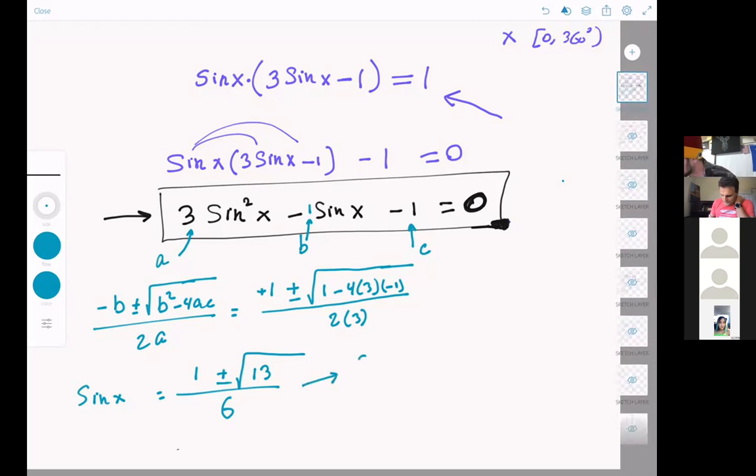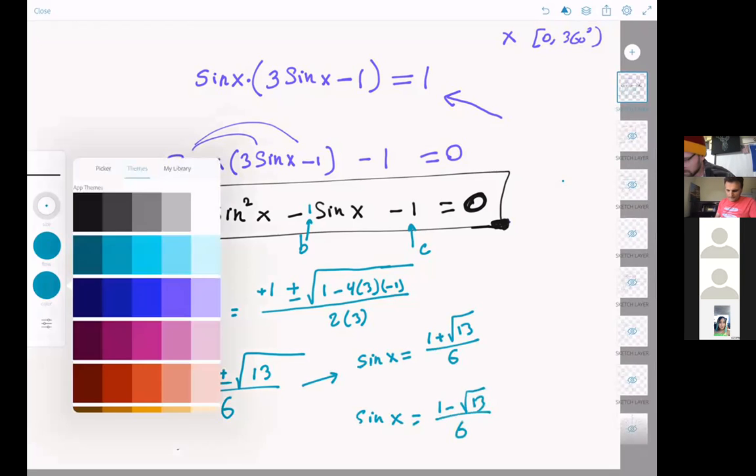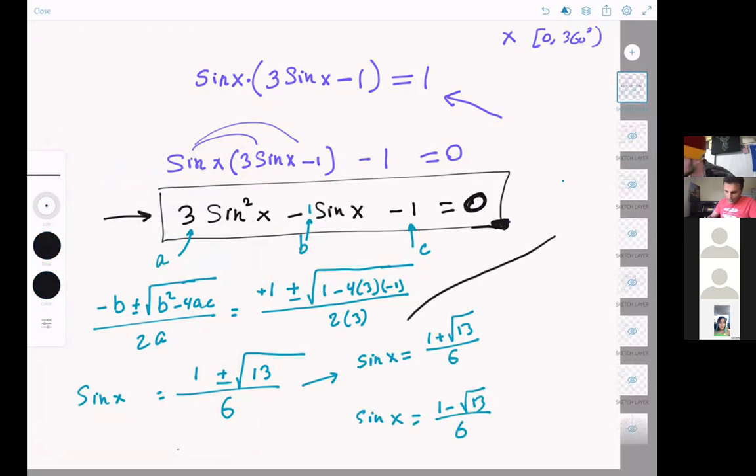That means sine of x equal to 1 plus root 13 over 6, or sine of x equal to 1 minus root 13 over 6. Sine of what angle is 1 plus root 13 over 6? So this is not exact.